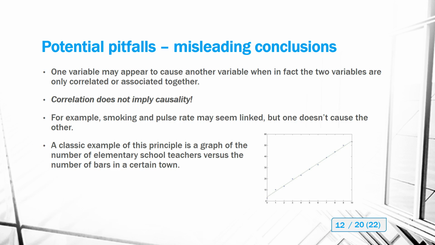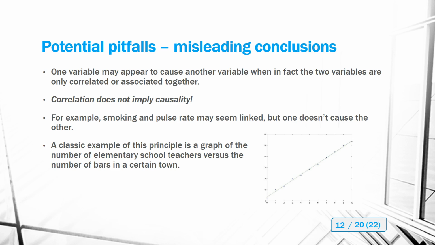But really, when you think about it, the influence of smoking on pulse rate is no different than the influence of any sort of activity that requires the same amount of physical exertion as smoking. So there's really no relationship between the two, but there is correlation. So the one is not the same as the other.